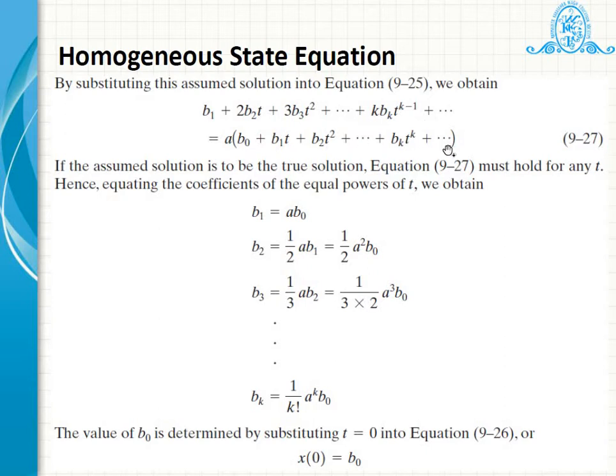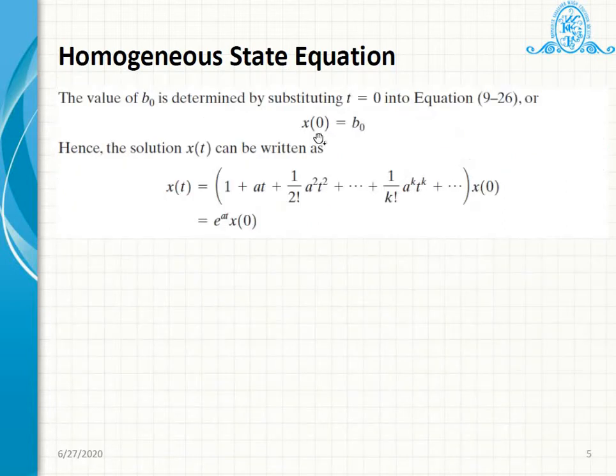After substituting all the values, I take b0 as common because all the terms have b0. b0 is nothing but x of 0, and then we get x of t as 1 plus a t plus 1 upon 2 factorial a square t square plus up to 1 upon k factorial a raised to k t raised to k plus and so on, multiplied by x of 0, that is the initial value of the state.